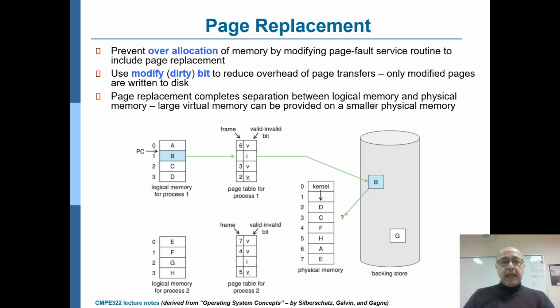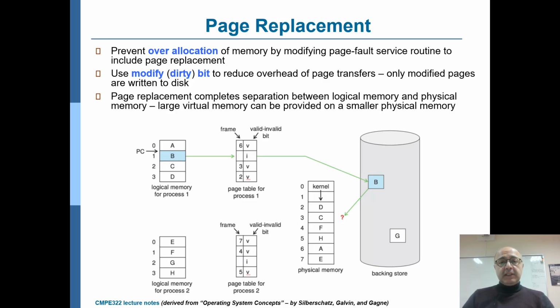You need to now add another bit, the modify bit, or the more commonly used name, the dirty bit, which shows whether the page has been modified since it was last transferred from the swap device, from the backing store, because such a page, before getting rid of it, when it is selected as the victim, should be completely written from the beginning to the end. That page has to be written to the backing store.